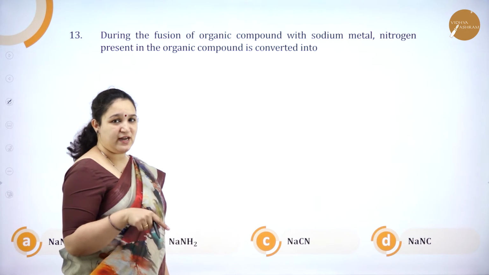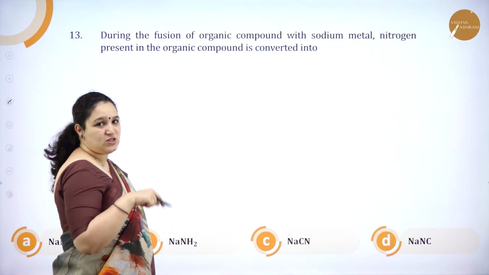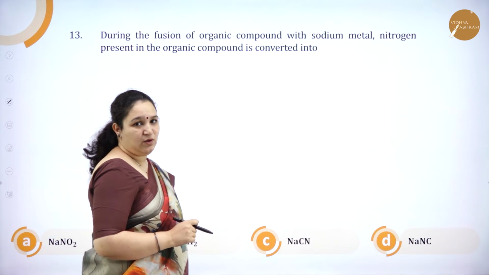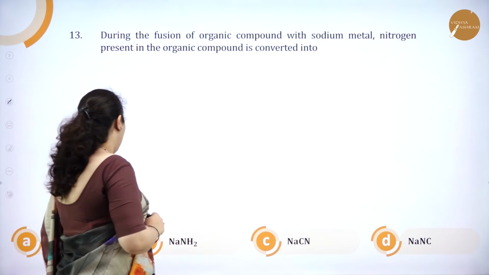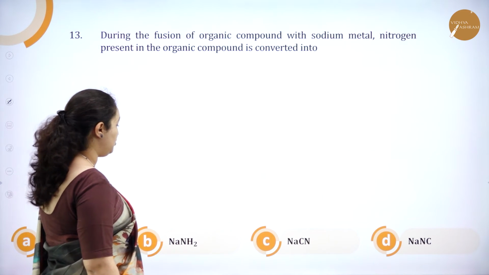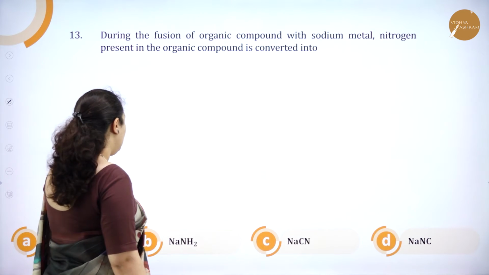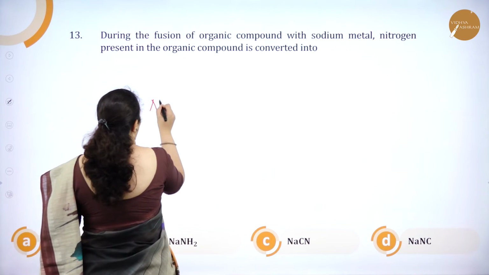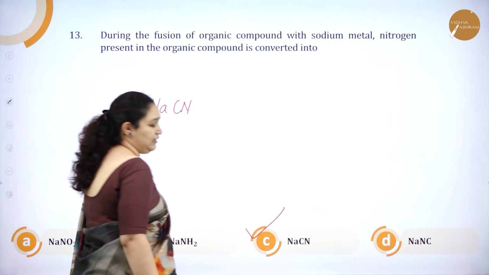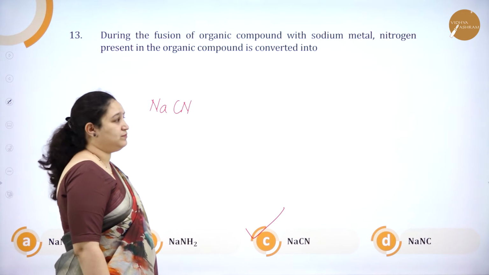All organic compounds contain carbon, plus it has got nitrogen. You are heating it with sodium metal now. What will it form? Will it form NaNO2, NaNH2, or NaCN, or NaNC? So the answer is it will form NaCN, option C. It is directly from your NCERT textbook.